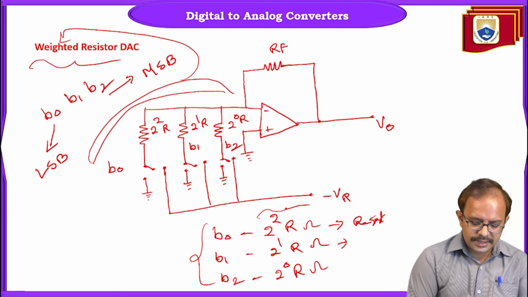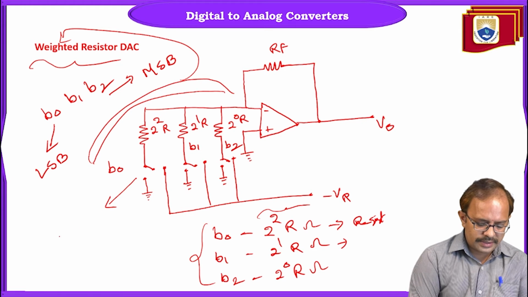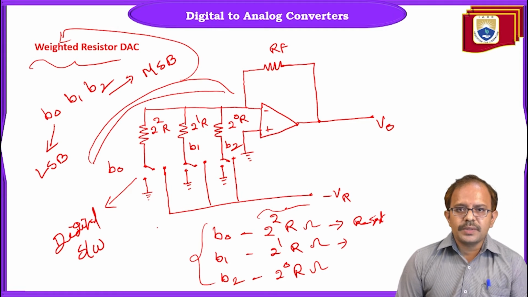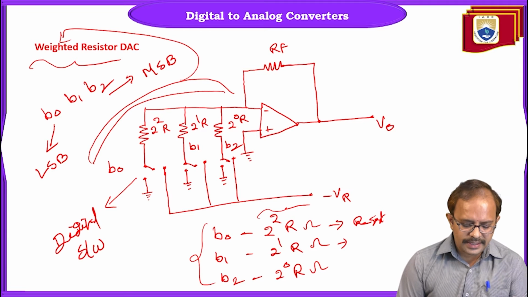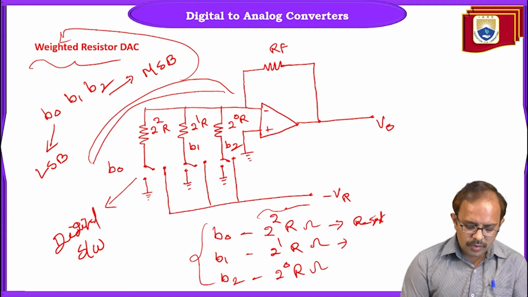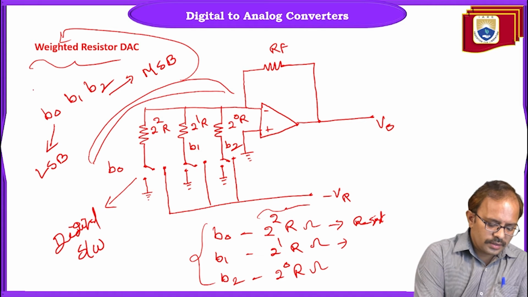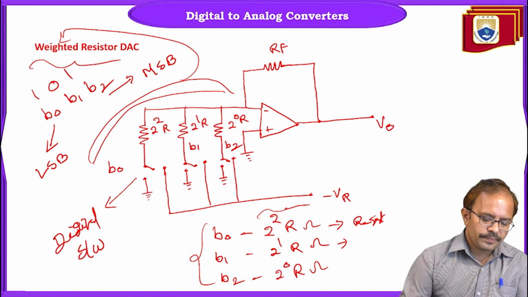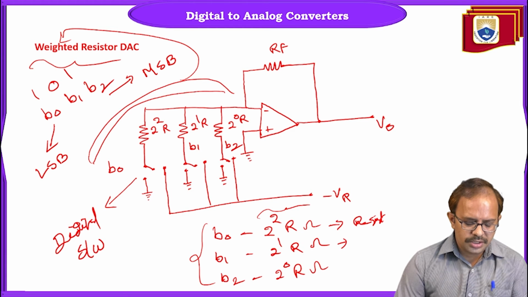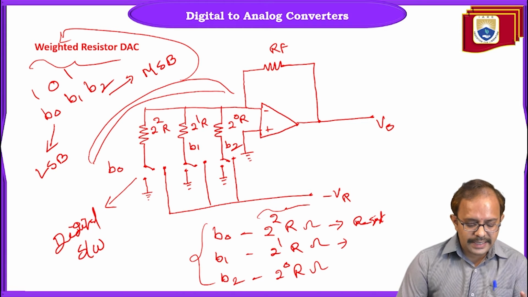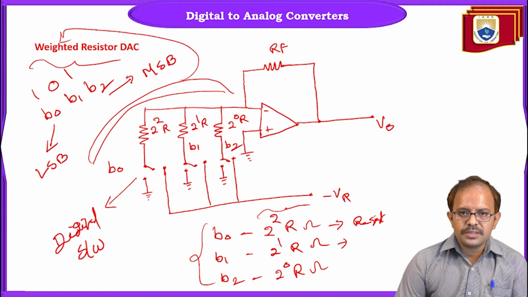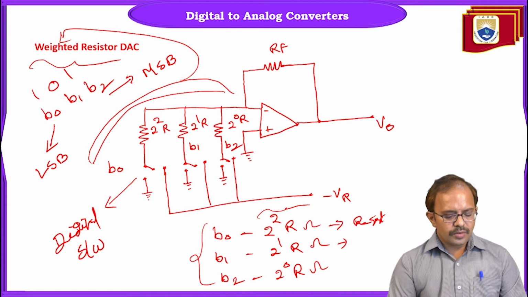Now we said these are the digital switches. On what condition will the switch toggle, right? Let us say the binary data is 1, 0, 1. For the data 1, 0, 1, what is the switch position? What is the position of these switches? So what is B0?